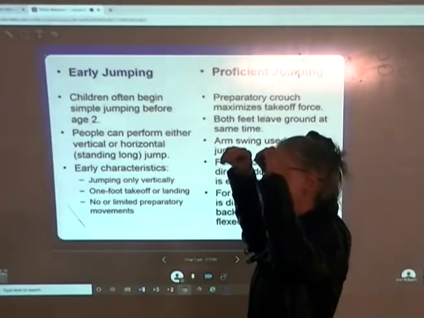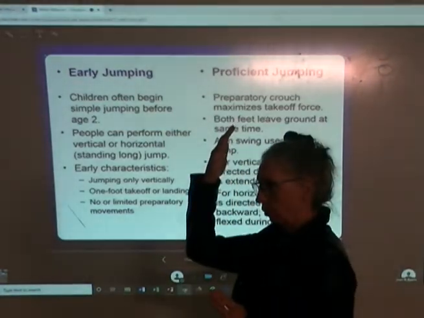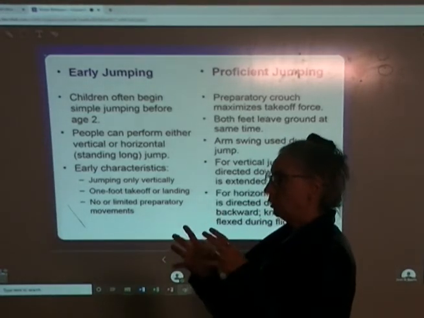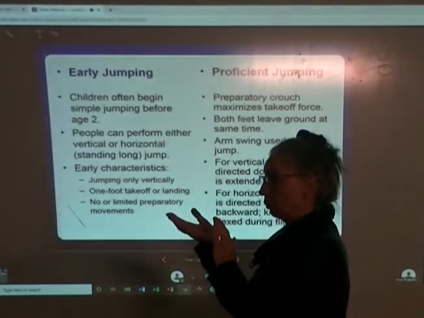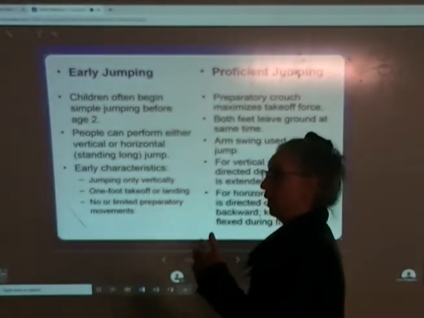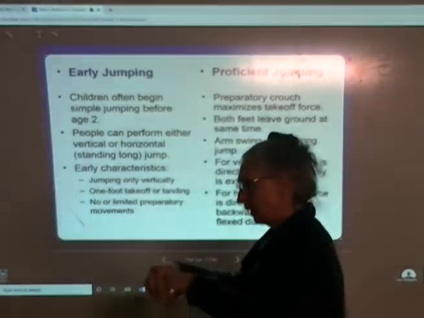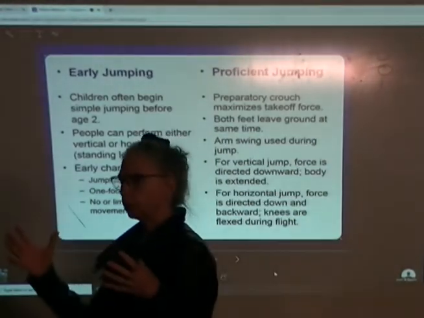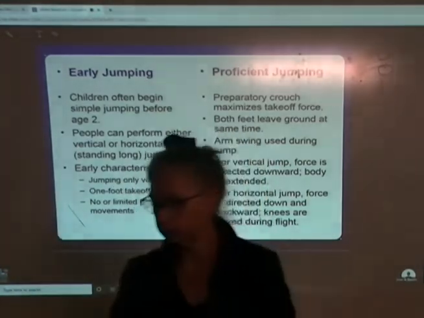If I'm pushing down, I'm going to go up. So what we see with young children is that the jumping tends to be very up and down. It takes a while for them to be able to jump forwards, because to jump forwards I have to push down and back. That's quite subtle, a change in force production that takes some practice.